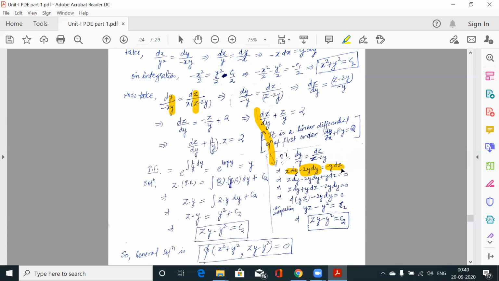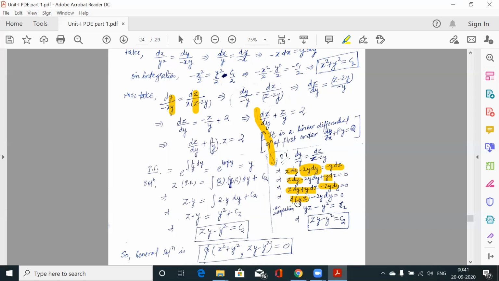So I have taken this on the left hand side, so this becomes with plus sign. Now these two terms we have written with each other and the other term separately. So now, if we know the exact differential of yz, what is the exact differential of this yz?